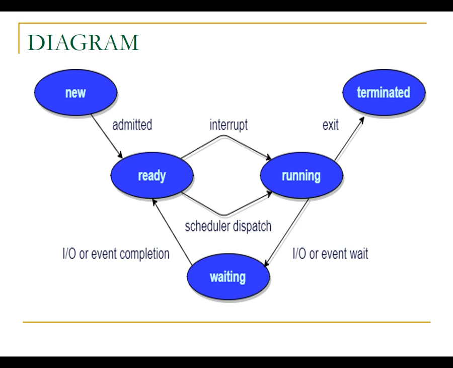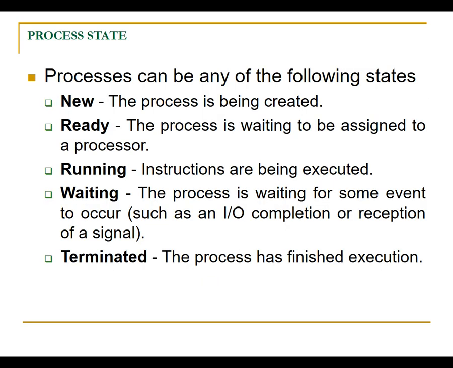So the last state of the process is terminated. This is the entire diagram, which says that from the new to the terminated state, the process comes from the central processing unit and is executed via the various input output devices. Now all these components are explained in detail here.